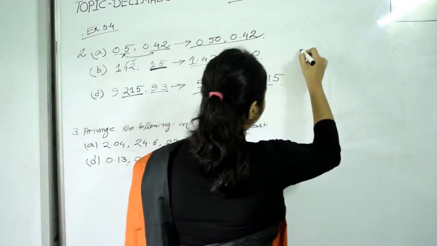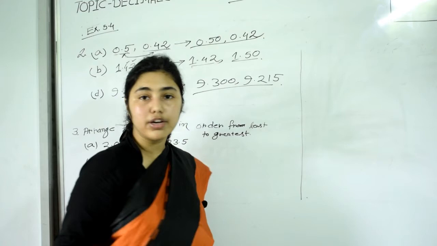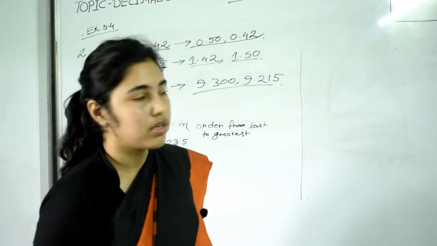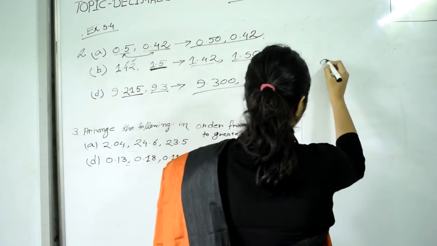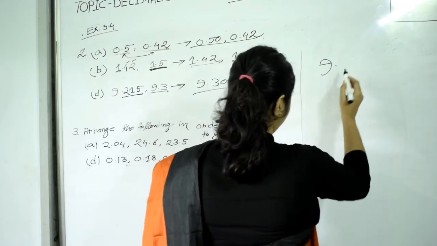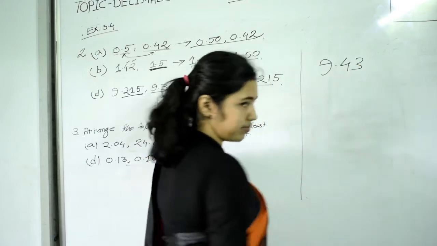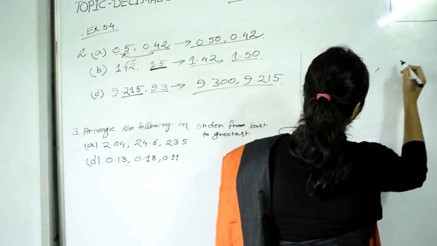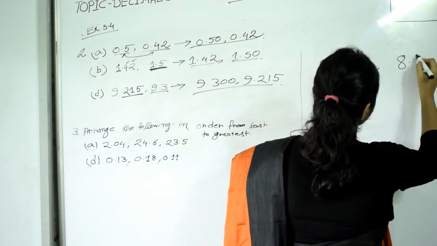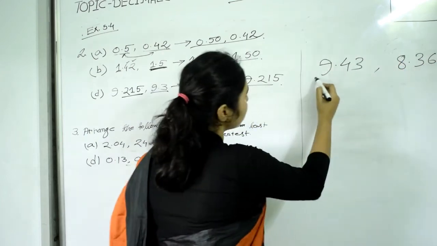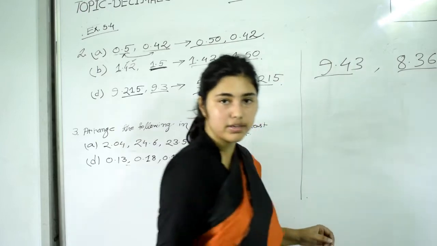Okay? So first we have to learn how we can compare two decimal numbers. So first consider 9.43. Okay? And consider 8.36. Both are decimal numbers, right?